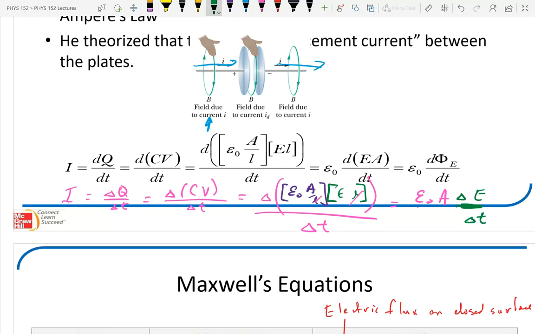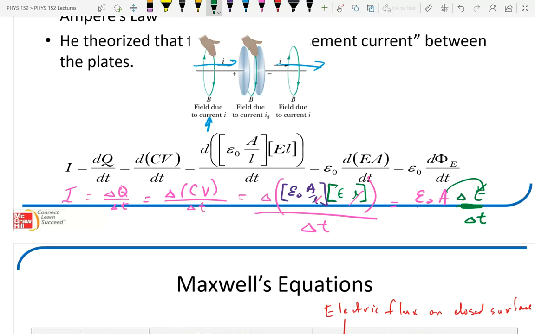Now, the way he actually does it combines the area and the electric field to say the change in flux. So epsilon 0 times the change in flux over the change in time is an effective current for what's going on when you're having a change in electric field. And so Maxwell said we'd better add that in as another option for current.